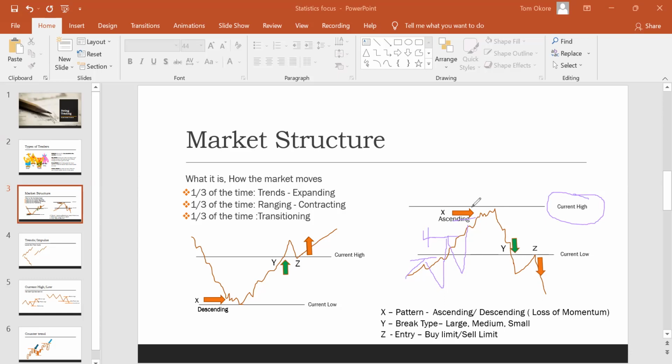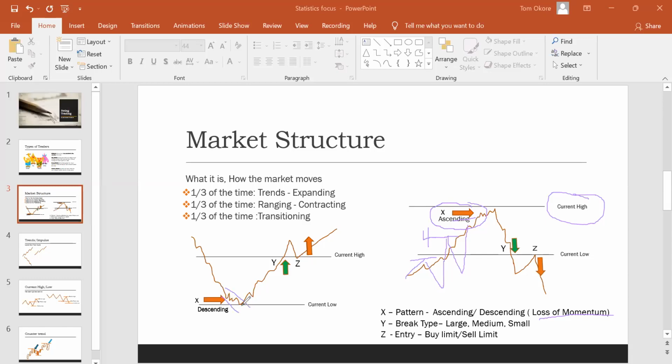We will have seen a sign telling us that it's about to turn and go down. That sign, we call it a descending or an ascending pattern. What does ascending pattern mean? It means that the market is losing momentum. Just like here, when the market was coming down, it was losing momentum.